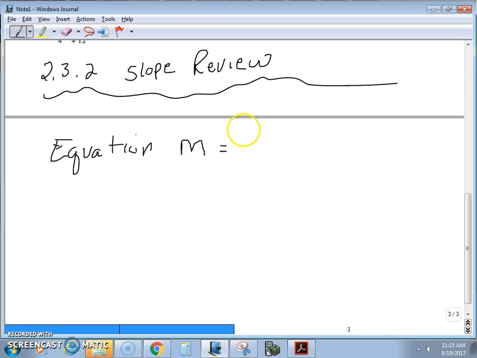The equation for slope is, if you're given 2 points, you take y2 minus y1 over x2 minus x1. Does anybody know why we have our y difference on the numerator and our x difference on the denominator?